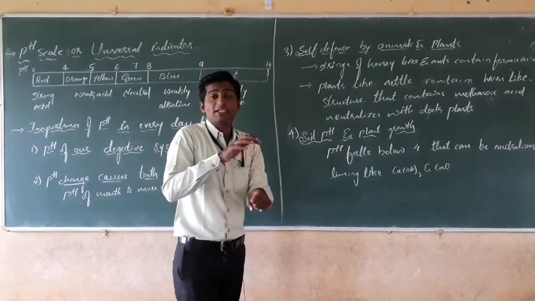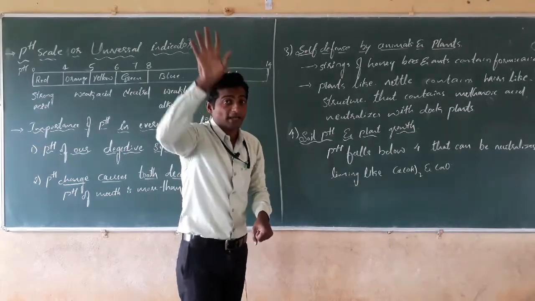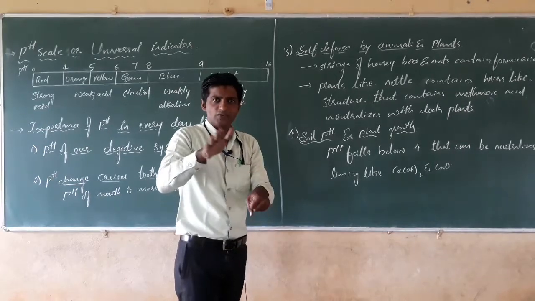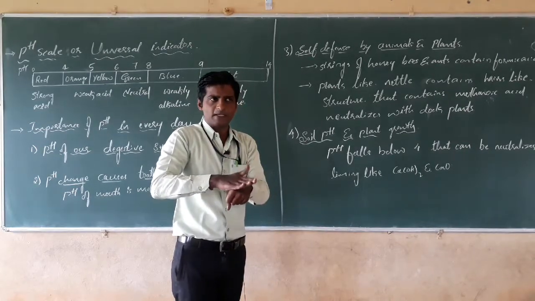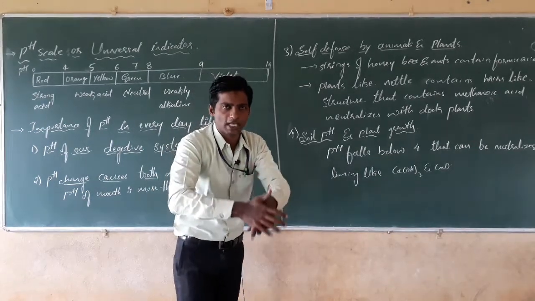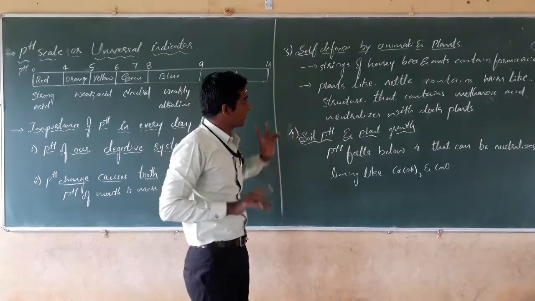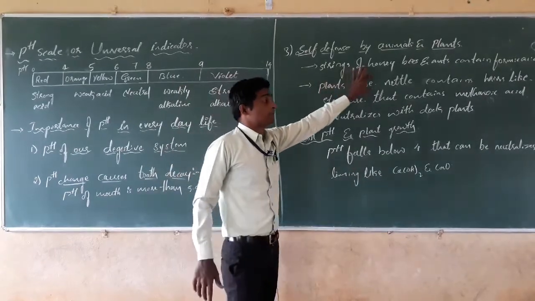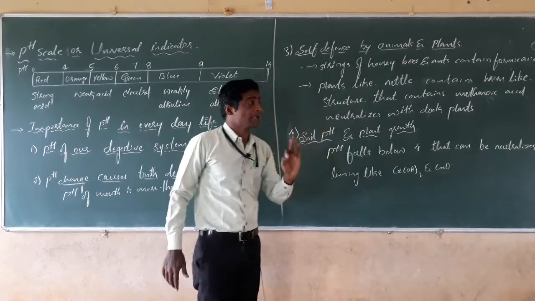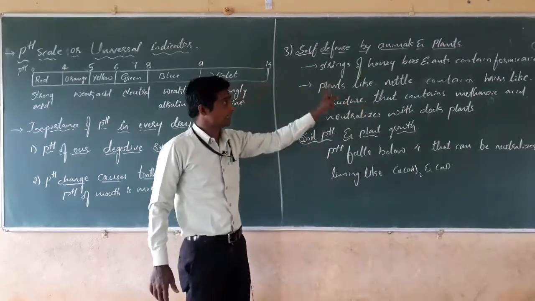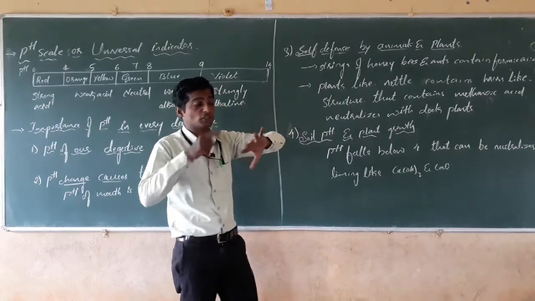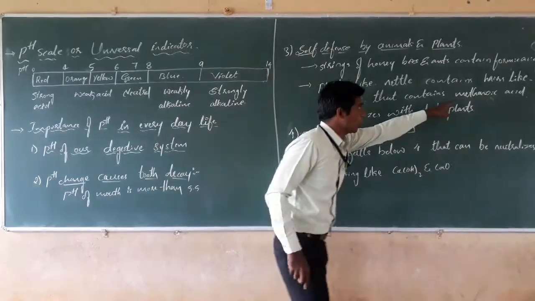When we rub with soap, that soap contains sodium hydroxide, which is a base. Acid is present here, and when we rub with the soap, the basic substance will neutralize it. Acid and base are neutralized and we get relief. Then, plants like nettle plants contain metanoic acid. The nettle plant has hair-like or spine-like structures that contain metanoic acid.